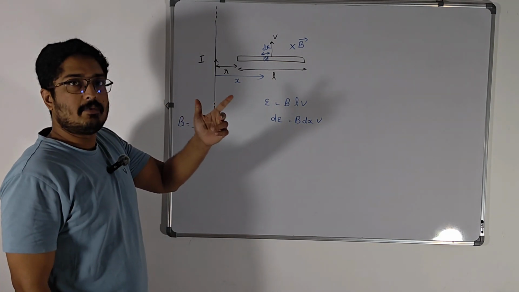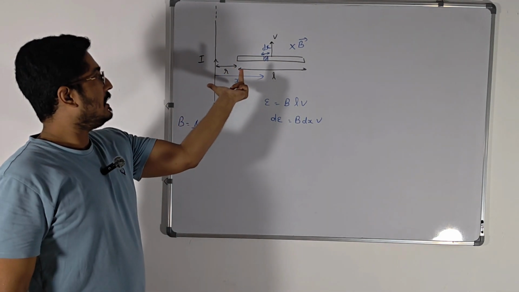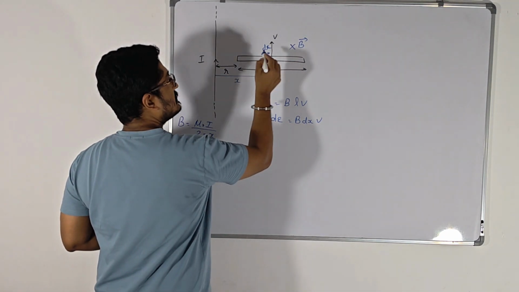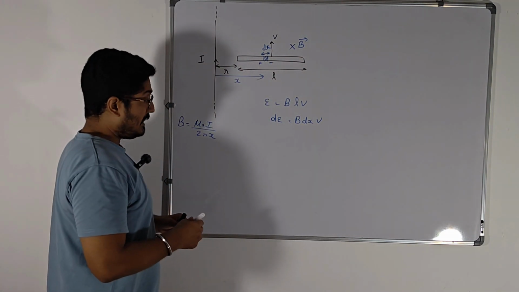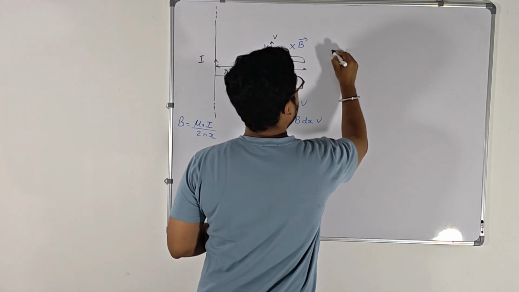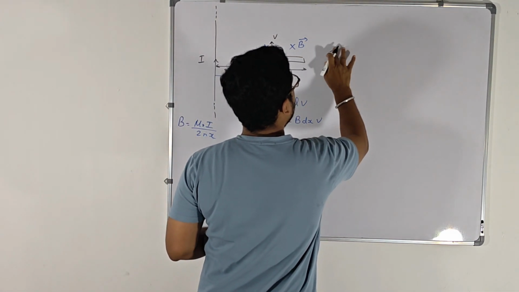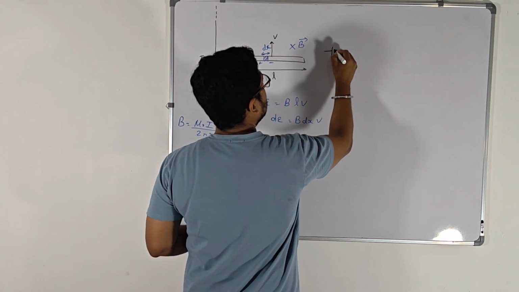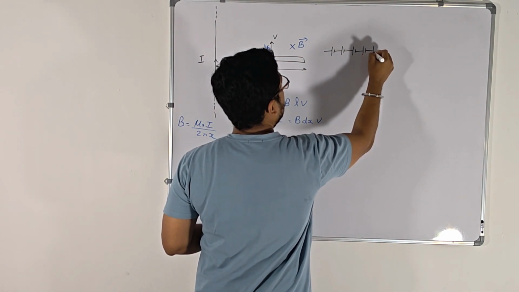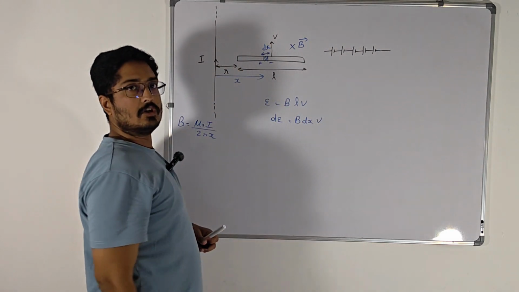Using the left hand Fleming rule, I find that this side will become positive, and this side will become negative. So the entire rod will now behave like a combination of cells, like this. Infinite number of cells would be there along the rod.